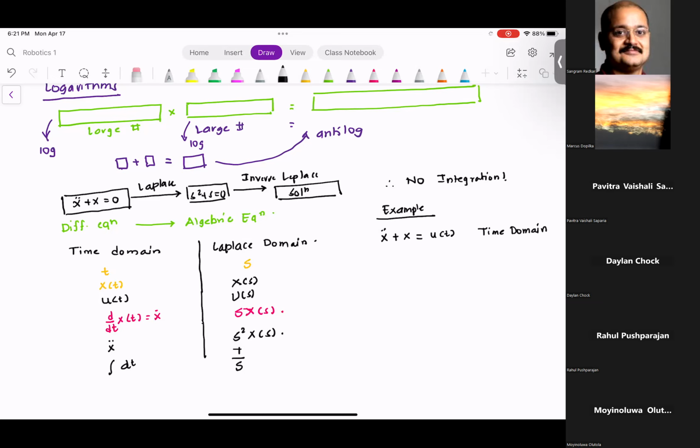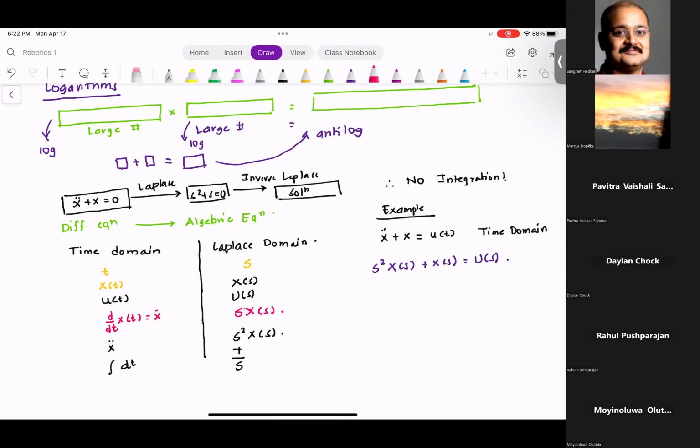And I would like to convert this into the Laplace domain. So first, I would convert this to s square x of s plus x of s is equal to u of s.